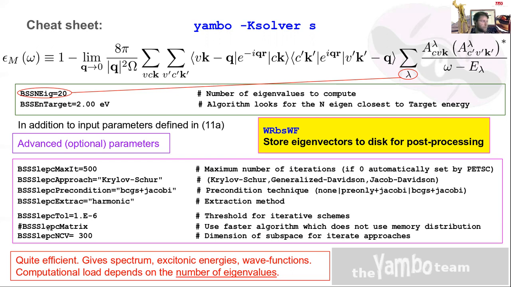You have some control on the use of the memory. In any case, the important message here is that this scheme is quite efficient, not as efficient as the Haydock one, but in any case, much better than the full diagonalization, and it gives you all the information you need for both the spectrum and the post-processing through the energies and the wave functions.